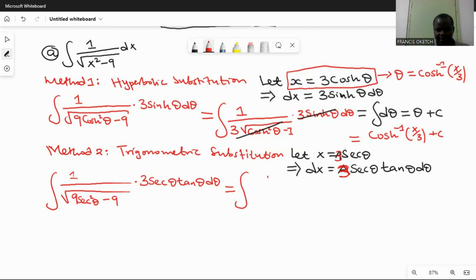So this you can as well write as the integral of 1 over 3 times the root of sec squared theta minus 1, then times 3 sec theta tan theta d theta.